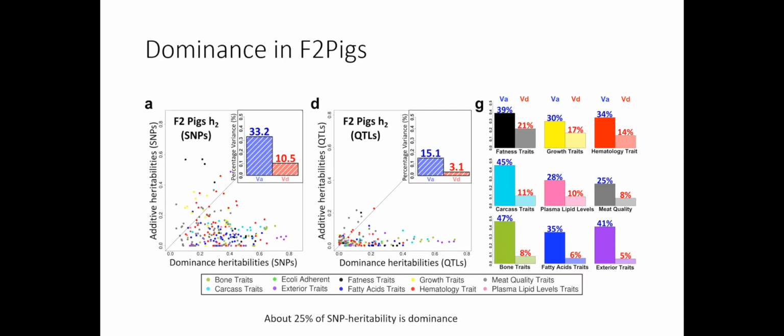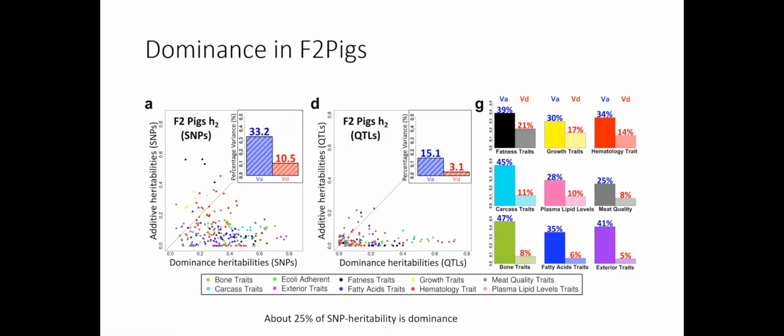Because I haven't got much time, I'm only going to give you a taster of all the results we have. I'm just showing you the results of heritability in the F2 pigs. On the right-hand side, we have the average additive and dominance heritabilities for different types of trait.